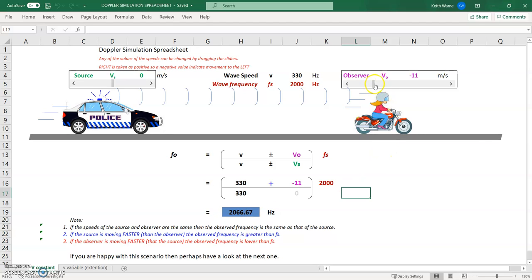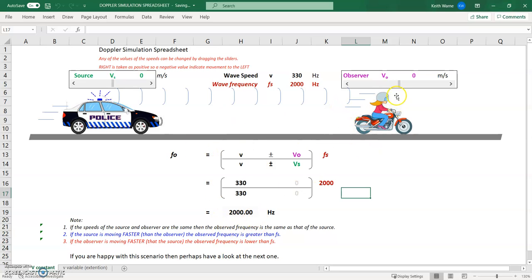However, if this person was speeding up, then that increases. Or if she was slowing down, then that decreases. So you get a change in the observed frequency if one of these is moving. But if their movement is constant, then the change in frequency is constant.